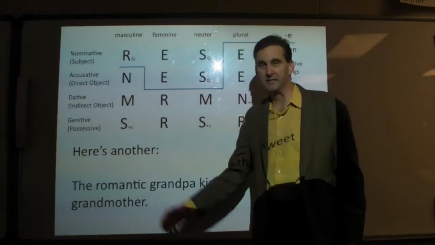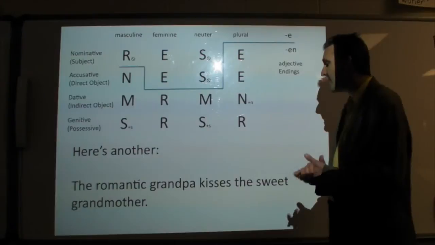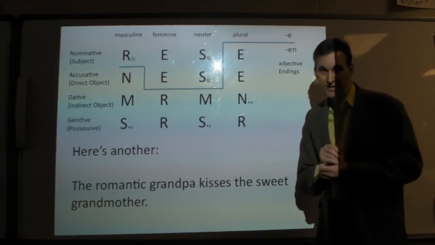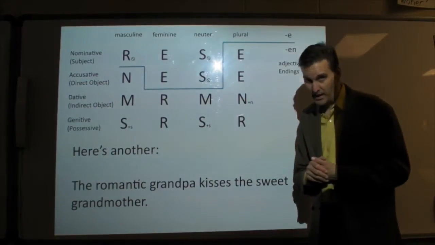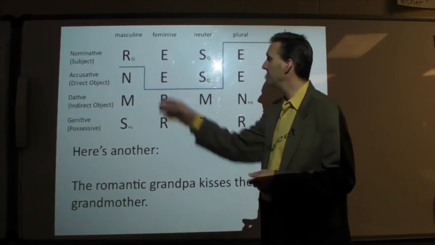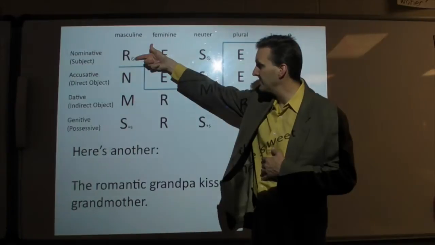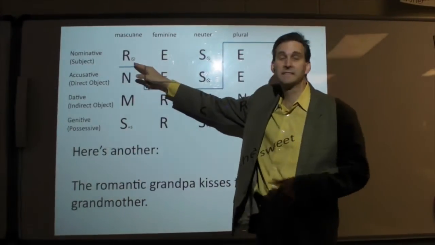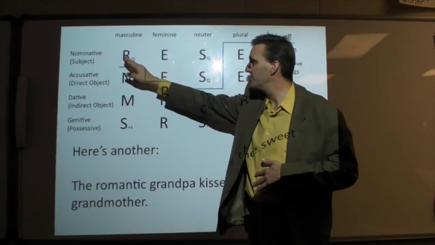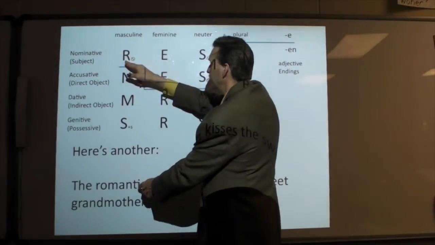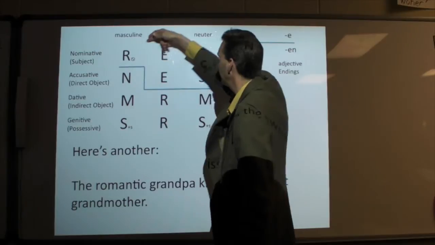How about this one? Oh, I love this sentence. The romantic grandpa kisses the sweet grandmother. How about that? What a lovely sentence, especially if we get it right. So, grandpa is masculine. He's the subject. Does the orphan its endings? Nope. Only ein words, so we're keeping that R. So der. Then romantic, is this above or below the line?